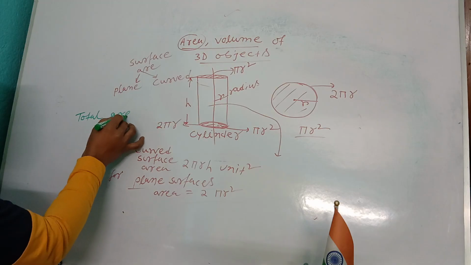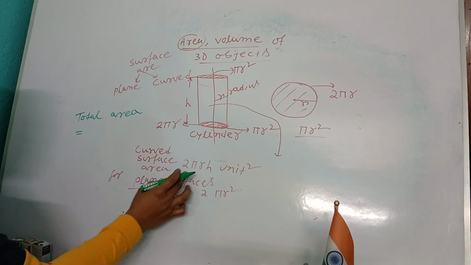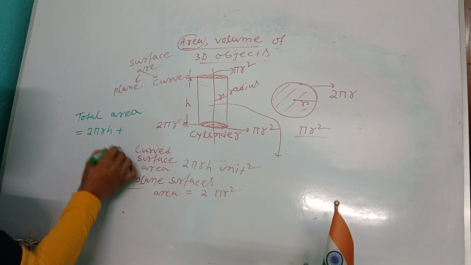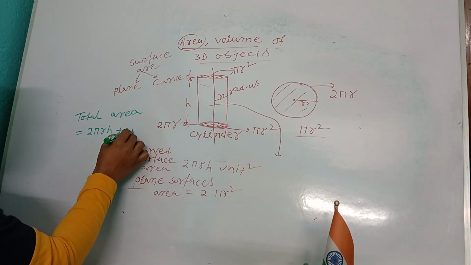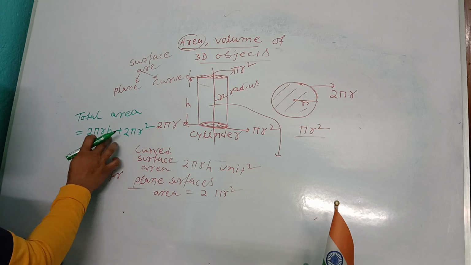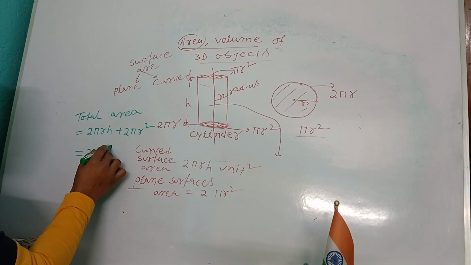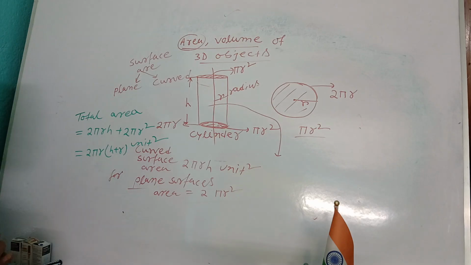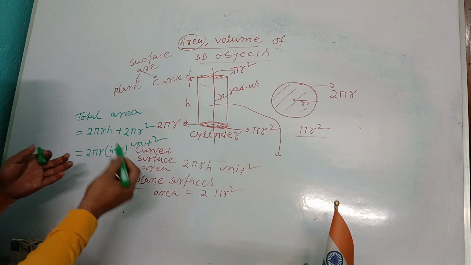Total area is equal to the curved surface 2 pi r h plus, for these two surfaces, 2 pi r square. If we take 2 pi r common, then it is h plus r, unit square. So total area is 2 pi r into h plus r.